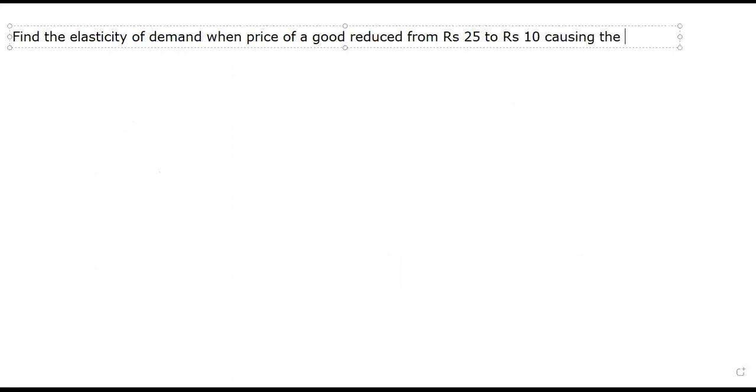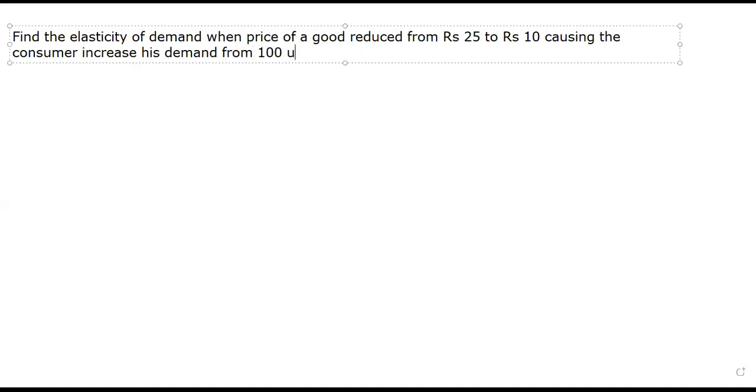Find the elasticity of demand when the price of a good is reduced from rupees 25 to rupees 10, causing the consumer to increase his demand from 100 units to 150 units.